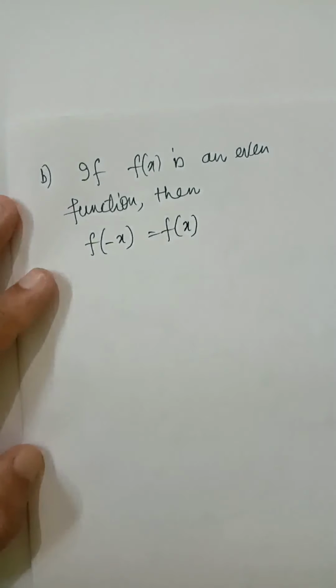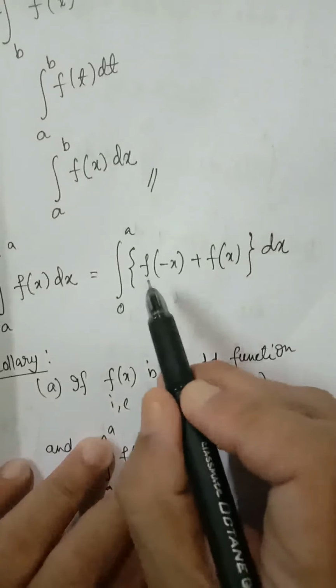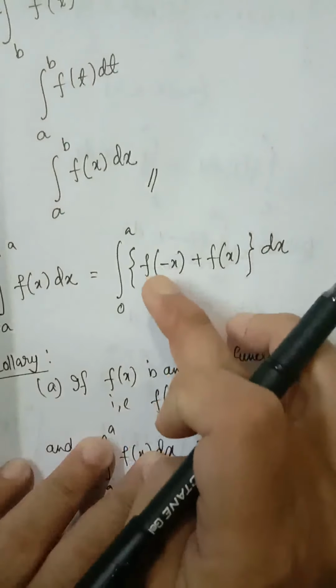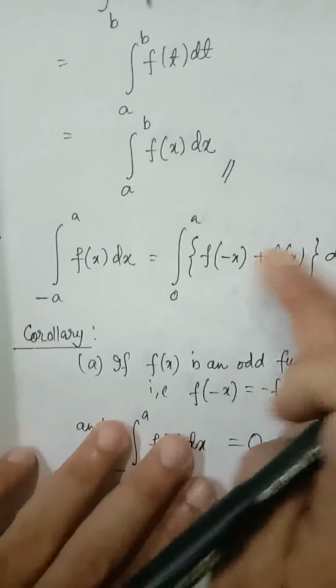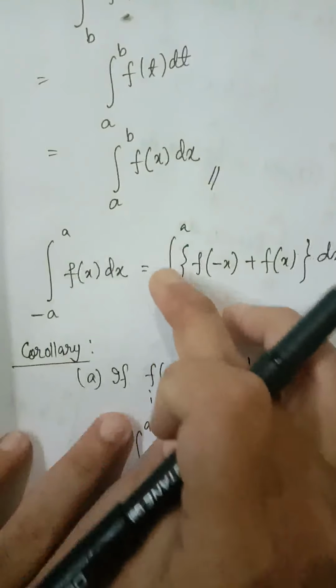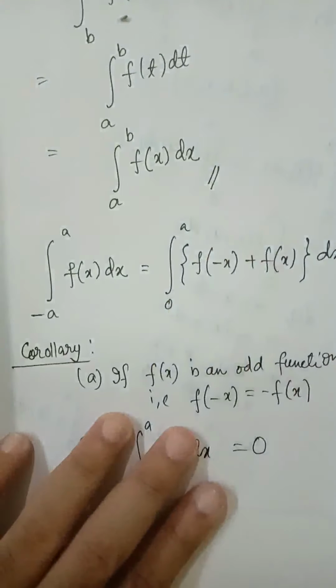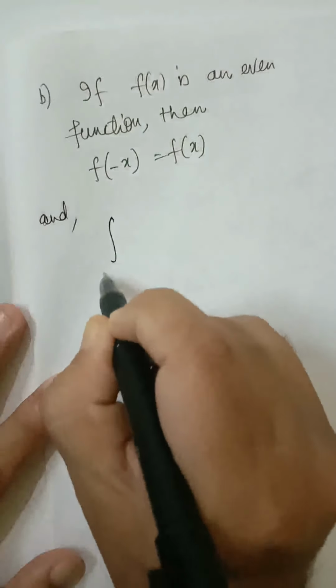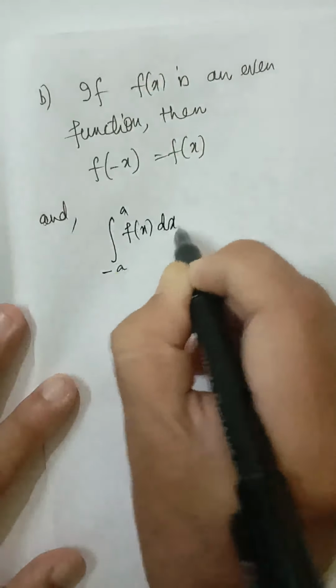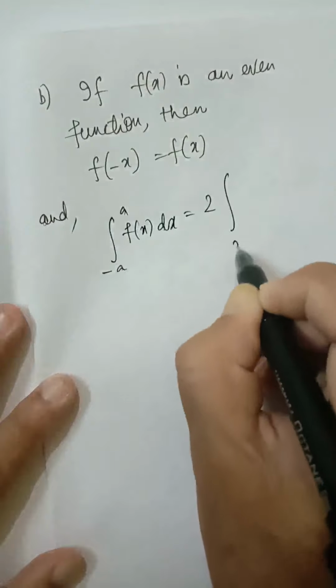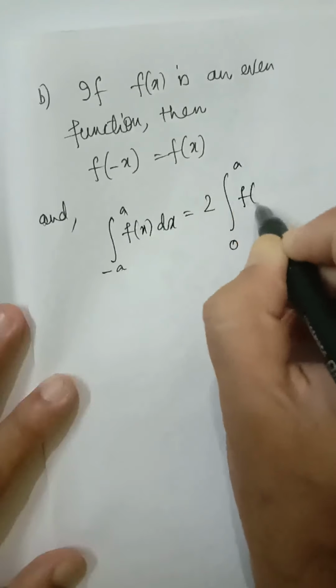And if f(-x) equals f(x), what will we get? We will get f(x) plus f(x), which equals twice f(x). So the value of this will be twice the integral from 0 to a of f(x) dx. And the integration of f(x) dx from -a to a will be equal to twice the integral from 0 to a of f(x) dx.